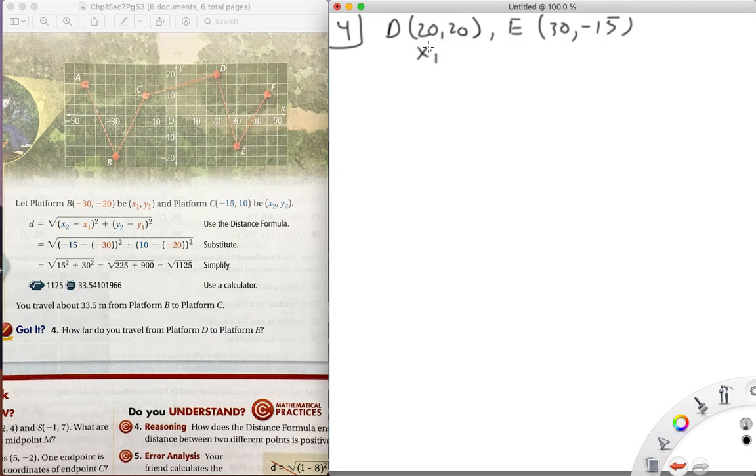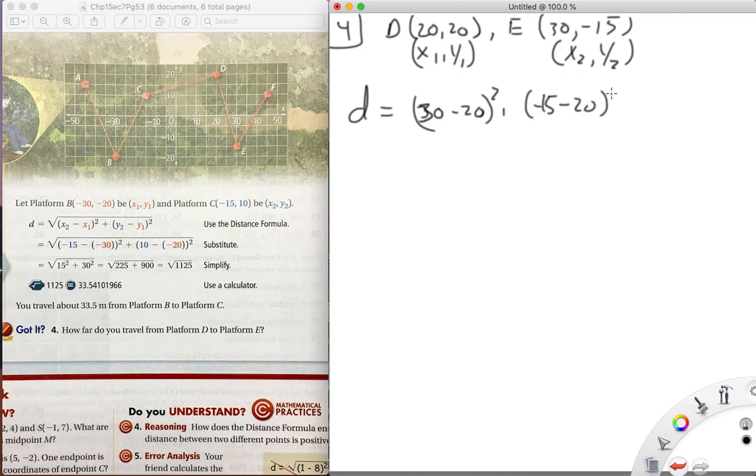Let's call this x1, y1 and this x2, y2. As you get comfortable with this, you don't have to write the x1, y1 and x2, y2, but it is good to see which is which for consistency. So 30 minus 20 squared plus negative 15 minus 20 squared, square root.